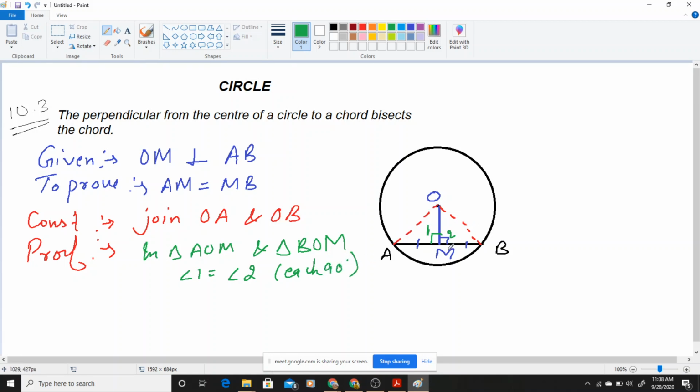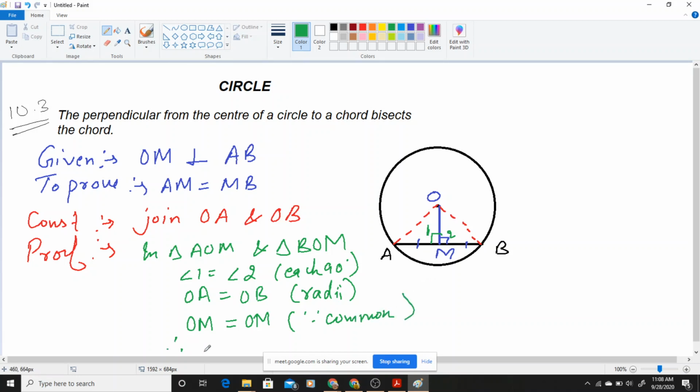Then this OA and OB are equal. OA equal to OB. Why? Both are radii, और radius एक circle के अंदर equal ही होते हैं. Then the third thing I will be taking is this OM equal to OM. Why? Because it is common, दोनों में common है वो, okay. This blue line you can see, OM.